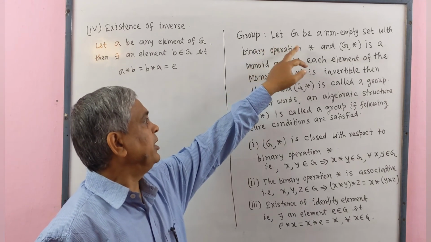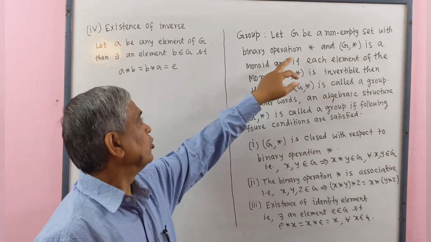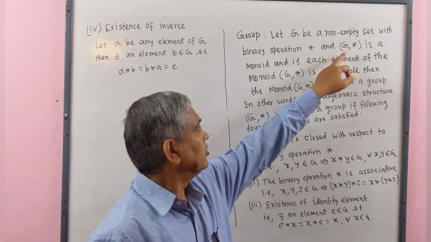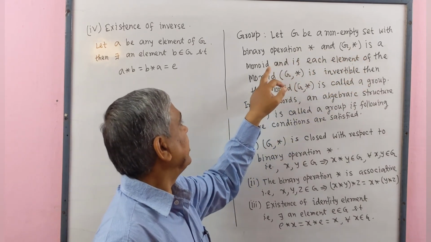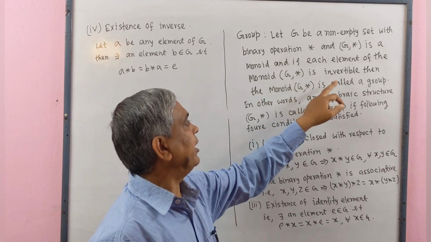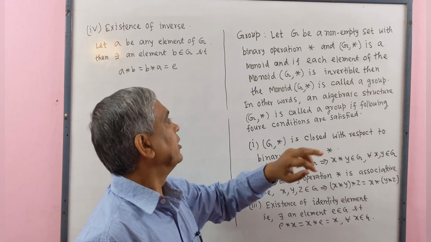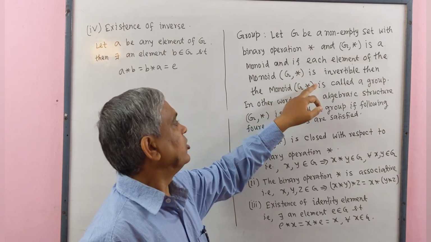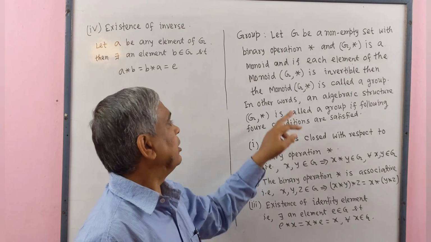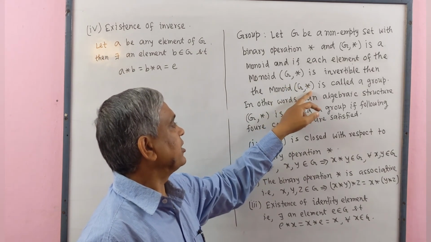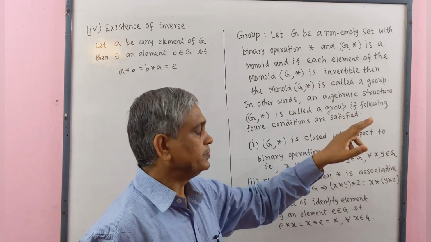Let G be a non-empty set with binary operation star, and G star is a monoid, and if each element of the monoid G star is invertible, then the monoid G with binary operation star is called a group.